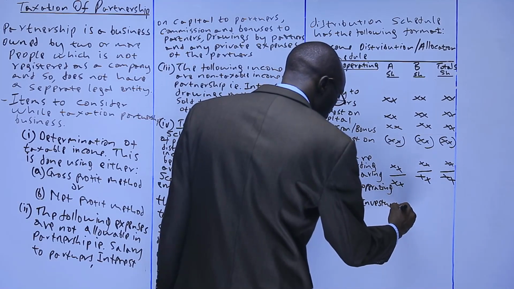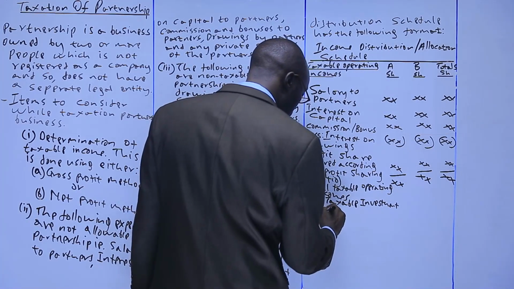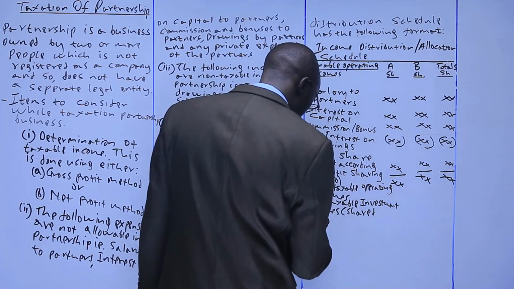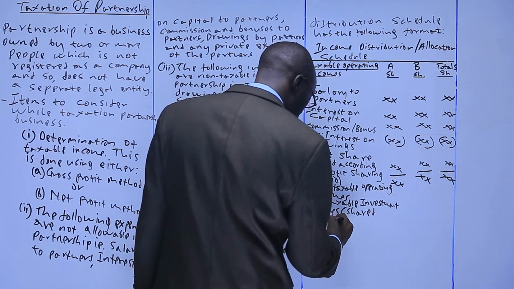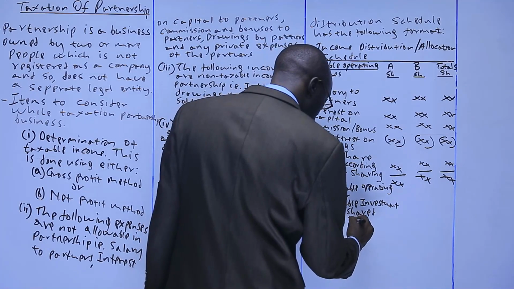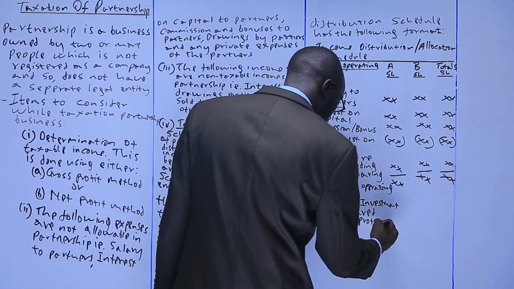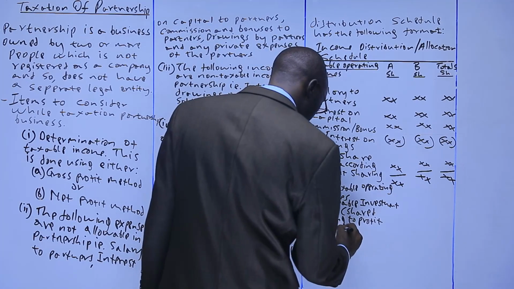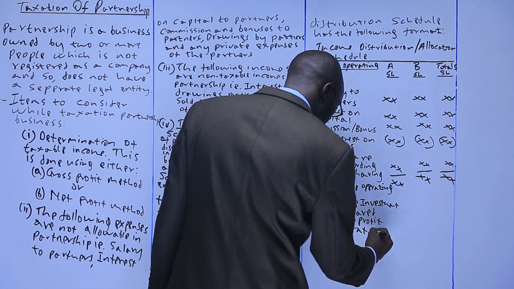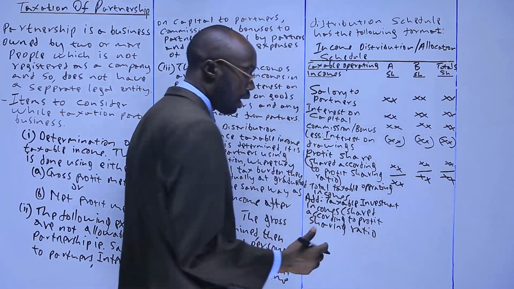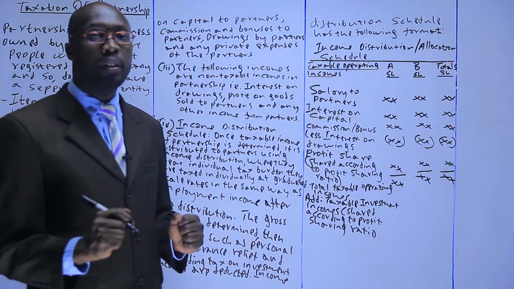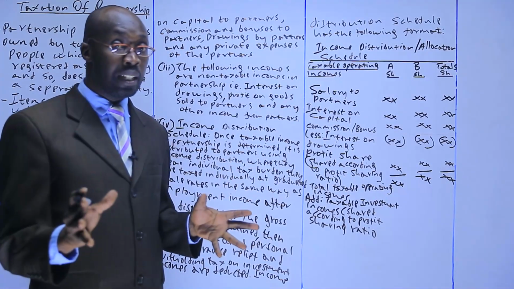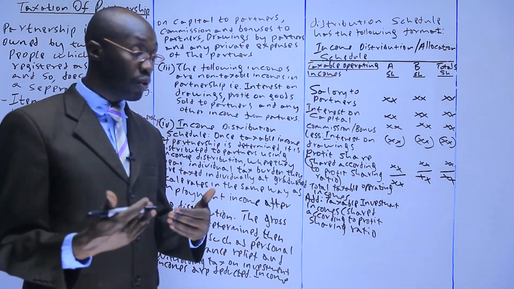investment incomes shared according to profit sharing ratio. So, if you have something like rent, non-qualifying dividend, non-qualifying interest, royalty, all those, remember, withholding tax is not final.